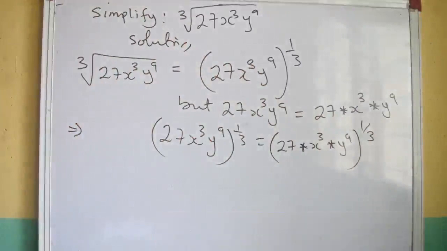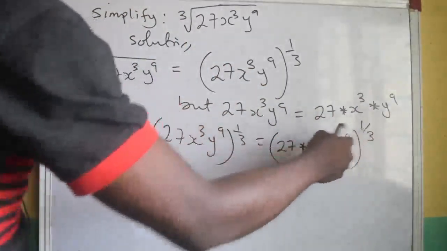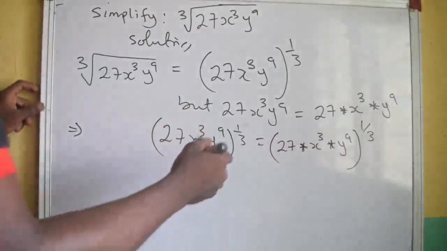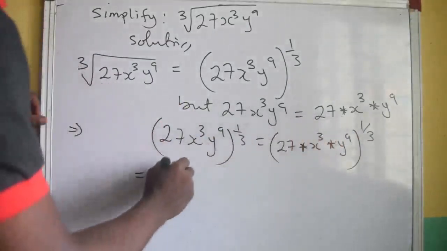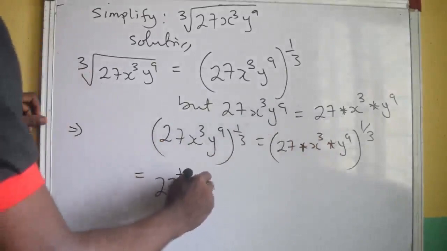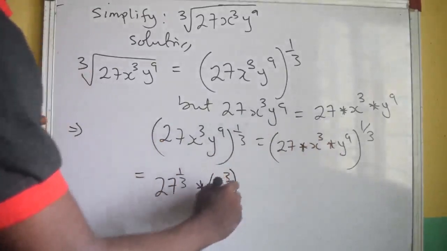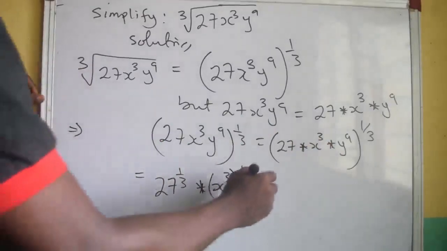So we have to take it individually. This power will be affecting this, affecting this, and affecting this. So taking it individually, it will mean 27 raised to the power 1 over 3 multiplied by x raised to the power 3 all raised to the power 1 over 3. I have to put brackets because these already have a visible power.